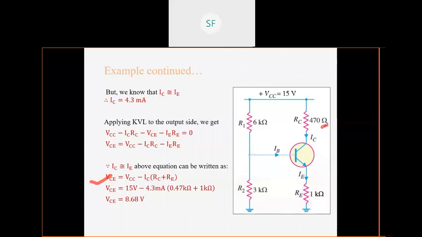Here the units were different, ohm and kilo ohm. So I have transformed this ohm into kilo ohm itself, 0.47 kilo ohm. After this calculation, you will get the final answer of VC as 8.68 volt.